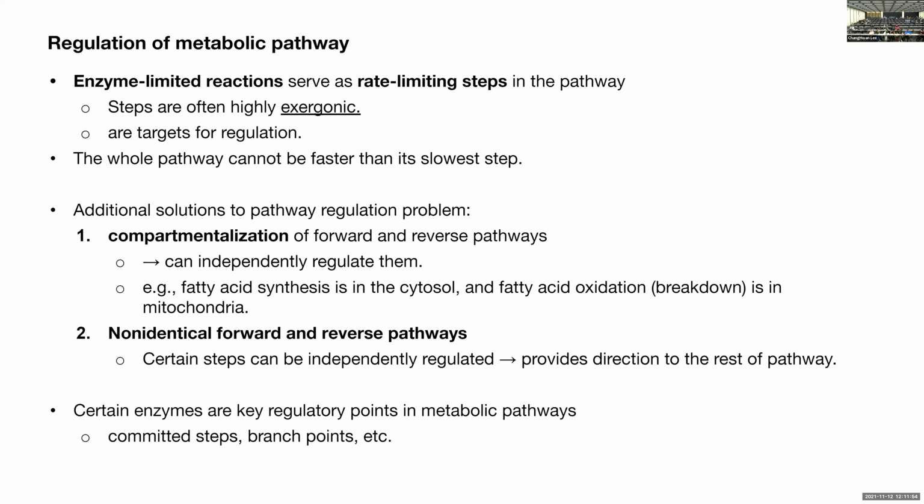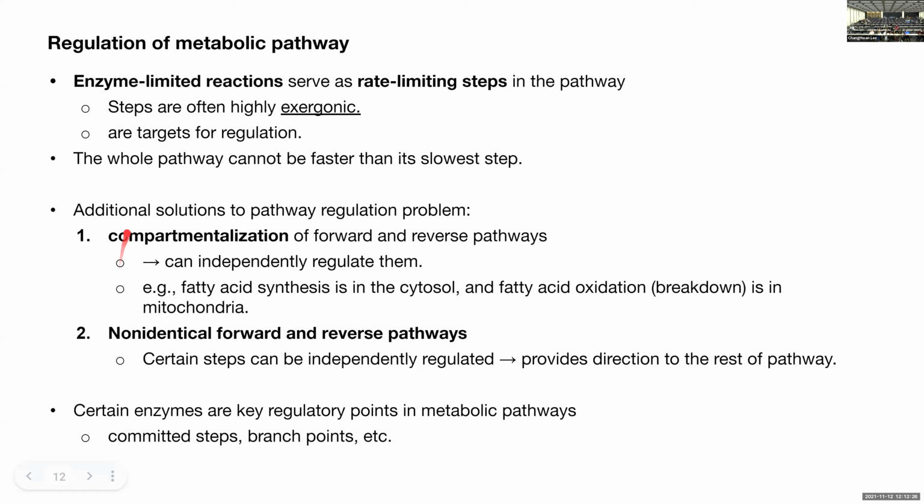So you can independently regulate those pathways, which is really advantageous, especially when you want to regulate just one of those reactions, right? An example would be fatty acid regulation, where synthesis happens in the cytoplasm, but oxidation, which is for the breakdown, and we're going to talk about oxidation a little later in this lecture, happens in the mitochondria.